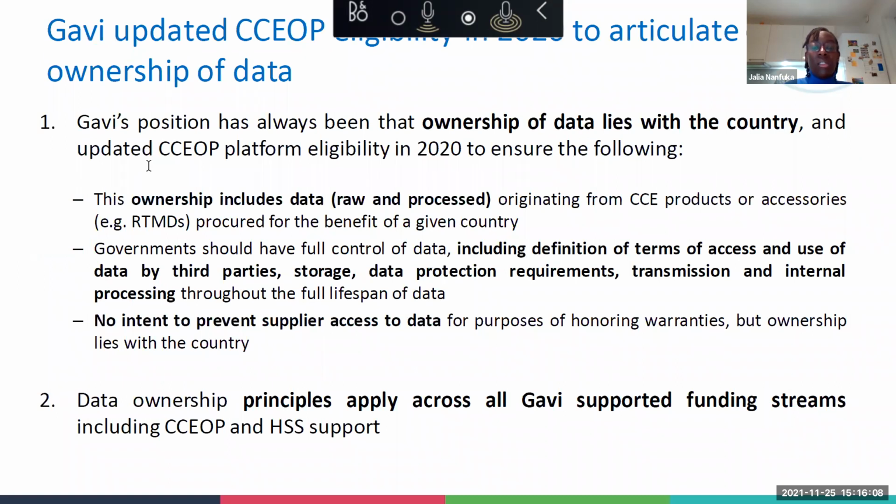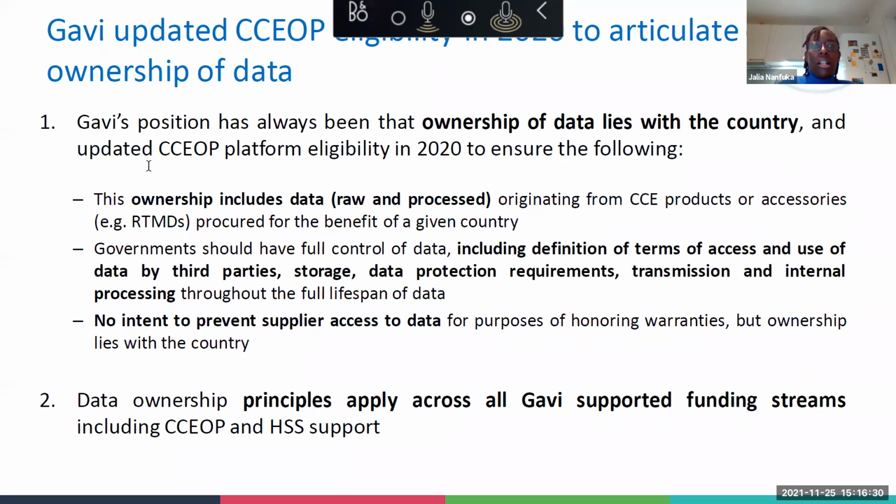Now, one thing we wanted to highlight is around data ownership and access, and this is something that GAVI updated in 2020, just to make sure that across the board countries, manufacturers and every stakeholder involved are aware of and up to date on the data ownership principles for the data coming from the cold chain equipment.